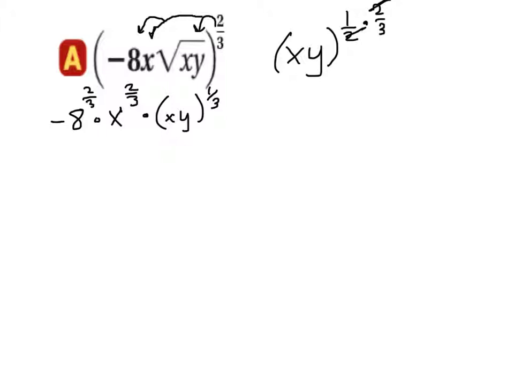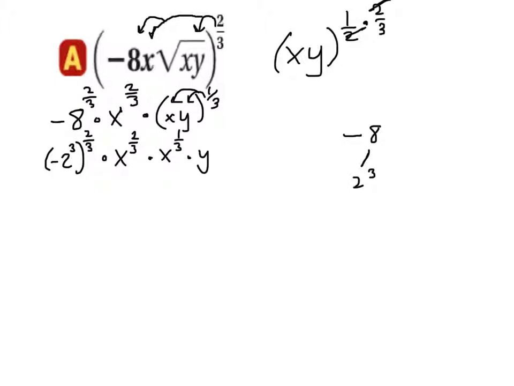Now I've got negative 8. I want to replace negative 8 with negative 2 to the 3rd. So this is really negative 2 to the 3rd, to the 2/3 power, times x to the 2/3 power, and I can use another distribution here, times x to the 1/3 times y to the 1/3.